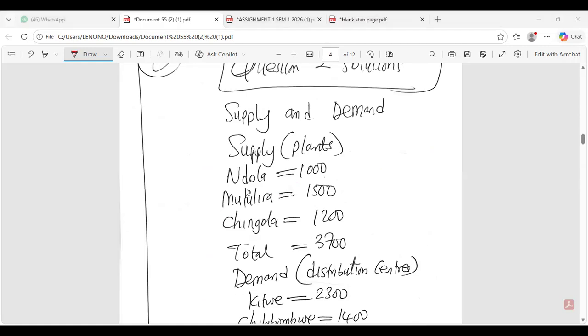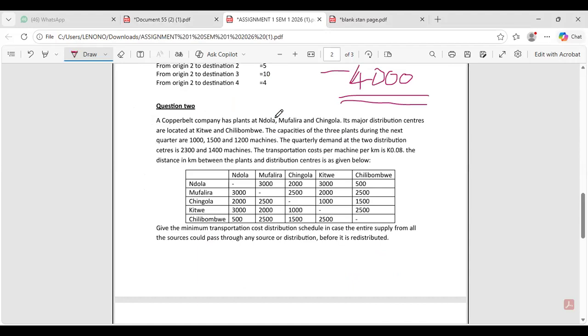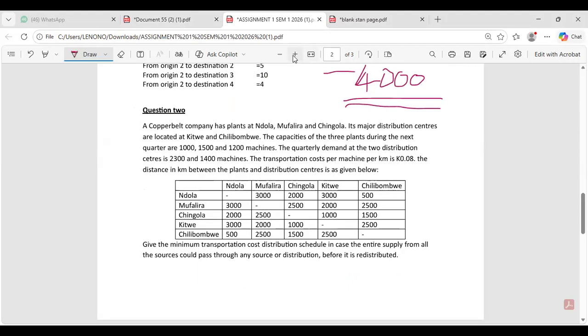Then getting down to question 2 now. Question 2 reads, the Commonwealth compound has plants at Ndola, Mfulira, and Chingola. Its major distribution centers are located in Kitwe and Chilabombwe. Okay, the capacity of these plants during the next quarter is 1,015 and 1,200 machines.